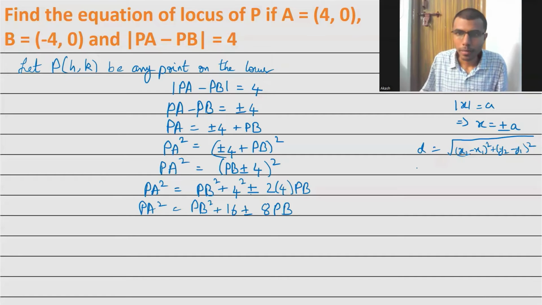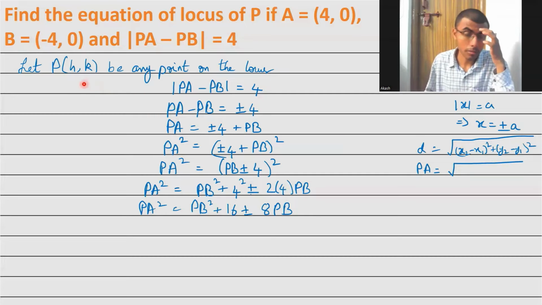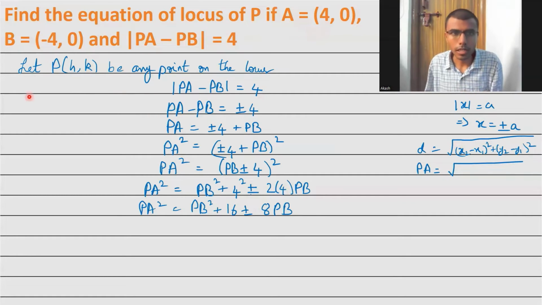So PA would be nothing but under root of, to calculate PA, I'm going to take H comma K as x2, y2 and this 4, 0 as x1, y1. So under root of H minus 4 whole square plus K minus 0 whole square. That would be my PA.